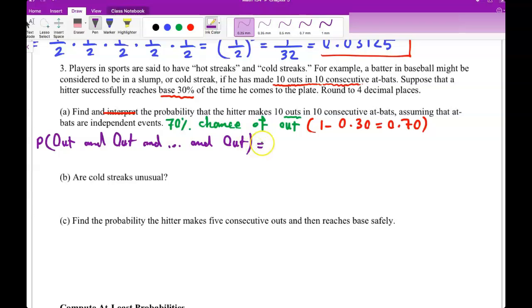That is equal to out multiplied by out, and so on.